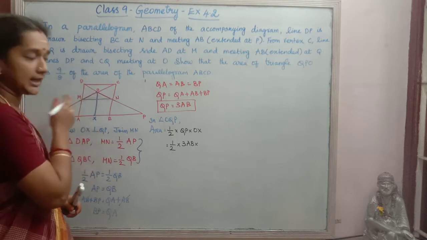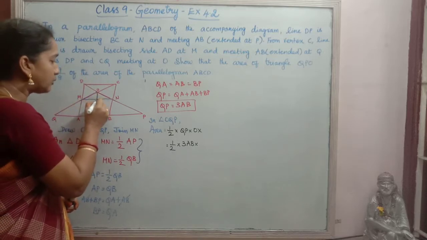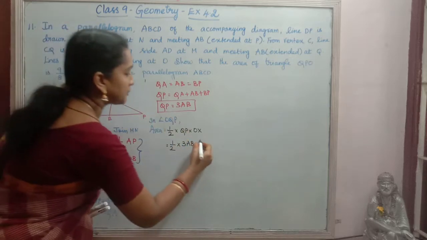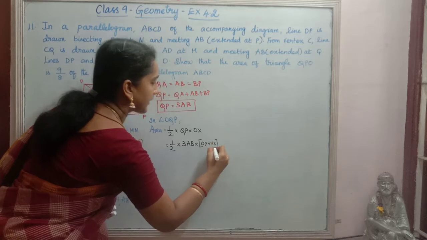In OX, in between we have an intersection point, which we will write as Y. We will split OX as OY plus YX.